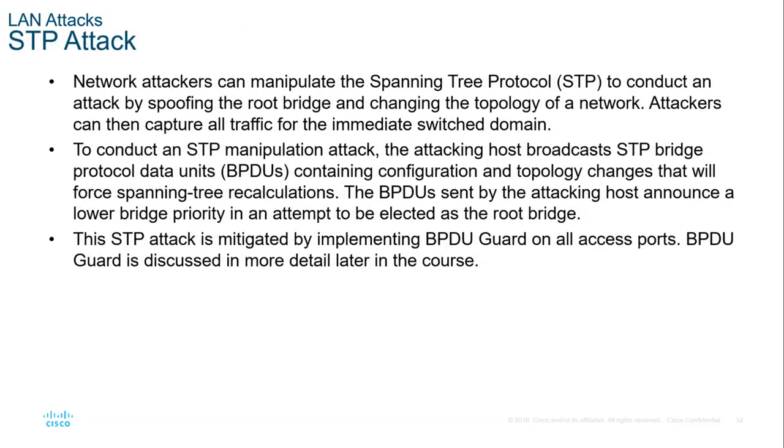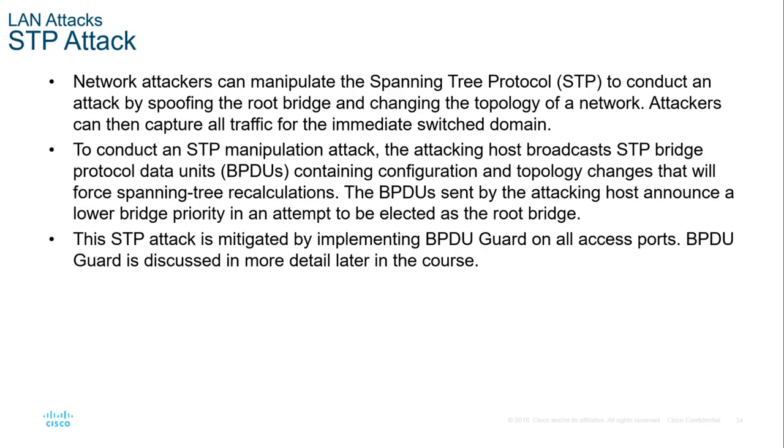And then we have the STP attack, a network attack. Attackers can manipulate the Spanning Tree Protocol to conduct an attack by spoofing the root bridge. With STP, the threat actors can try to force themselves to become the root bridge on the network.